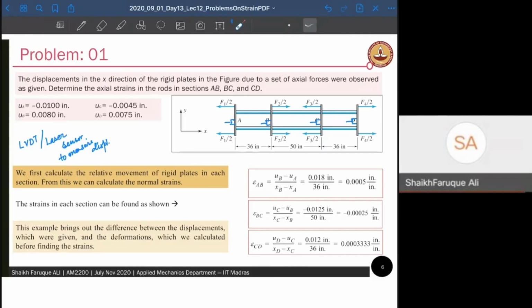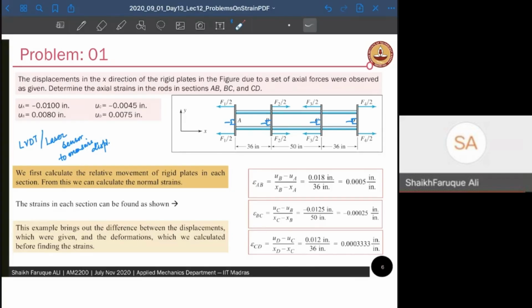Similarly, for the CD section, you understand that UC has moved along this direction, whereas UD has moved along the positive direction. So again they will add up, and you get a value of 0.012, and that divided by the original length, which is 36, gives you a strain of 0.0000333 inch by inch.